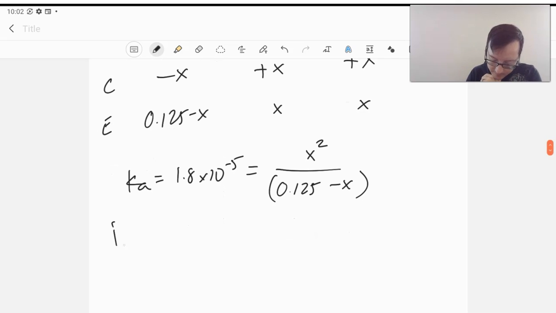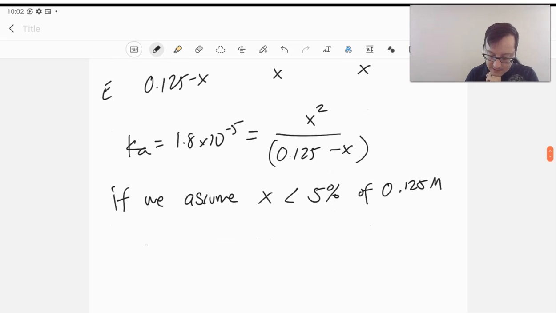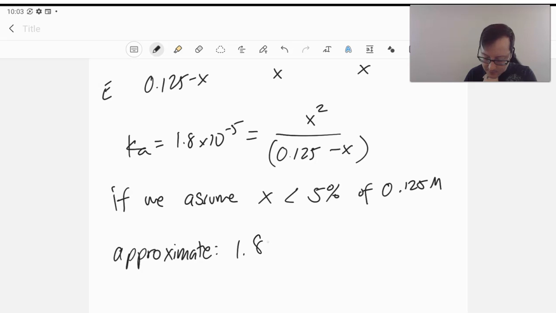If we assume that x is less than about 5% of our initial concentration, we can kind of approximate that the minus x term goes away.